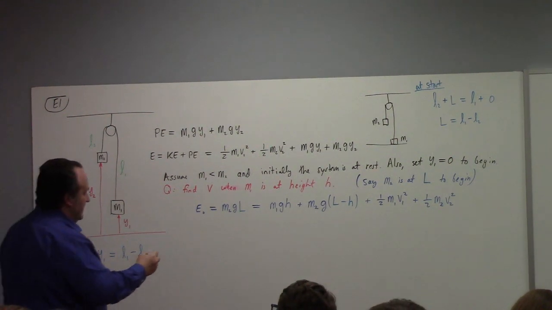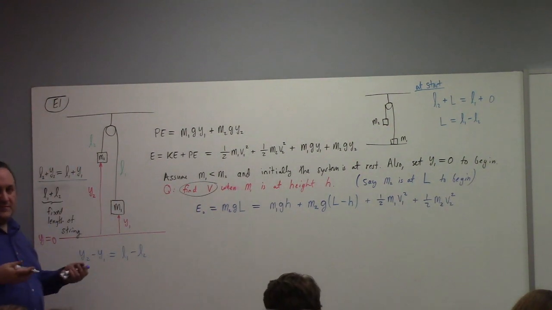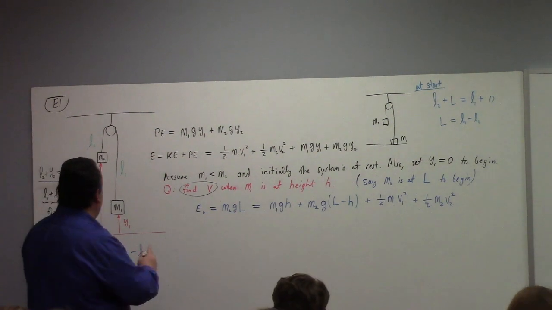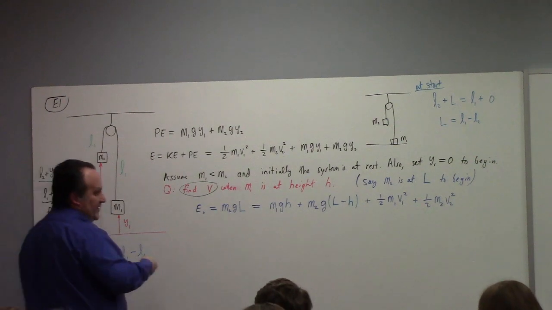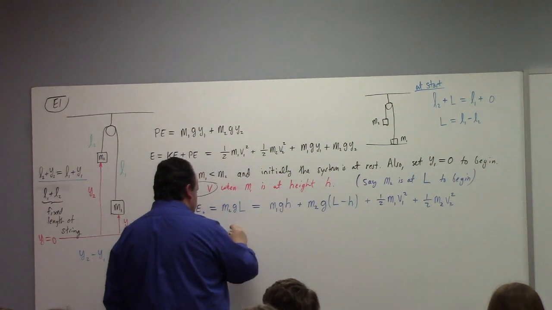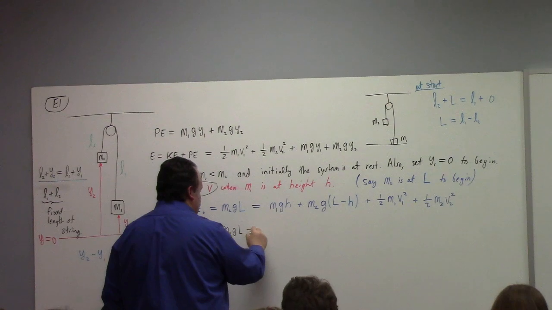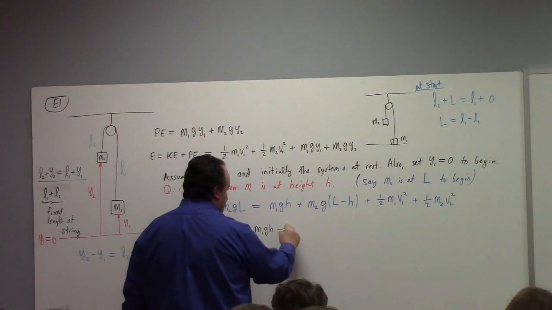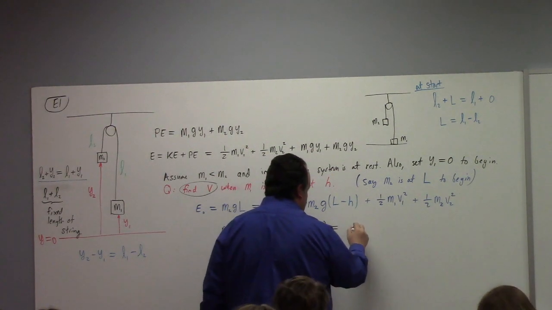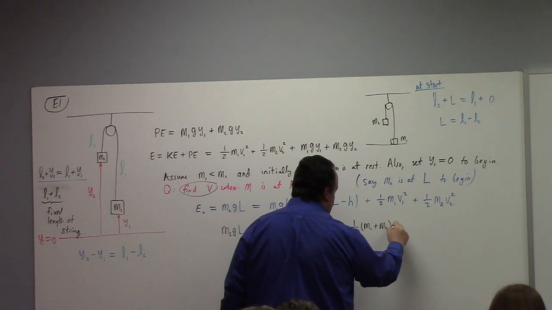That's why it made sense for me to ask you to find v here, which you might have wondered, wait a minute, what do you mean v? I mean find the speed of the system, right? How much it's going up on this side, how much it's going down on that side. Either way, I can make both of these v, right? So altogether then, I have m2 gL minus m1 gh minus m2 g(L minus h) is equal to 1/2 (m1 plus m2) times v squared.